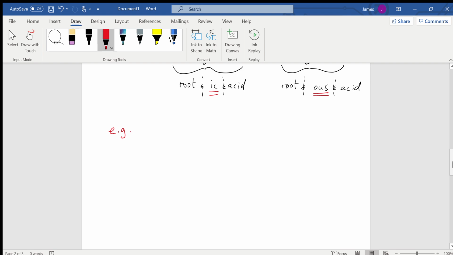Let's look at HIO3. So we looked at HI for the binary acid. Let's look at HIO3 for the oxyacid. So there's our oxyacid. It's full of oxygen. We've got our cation H, which is going to be H+.